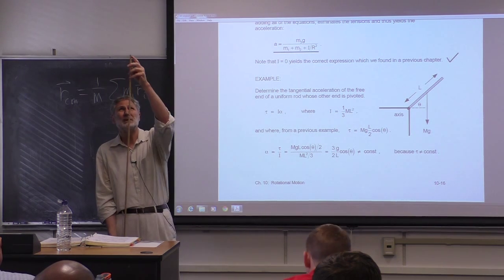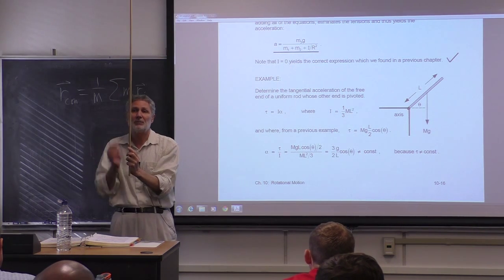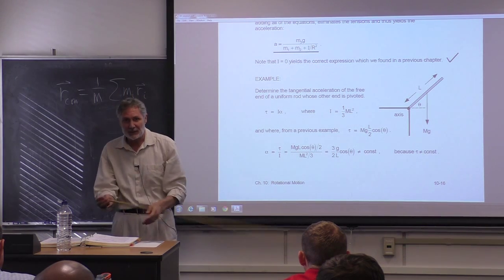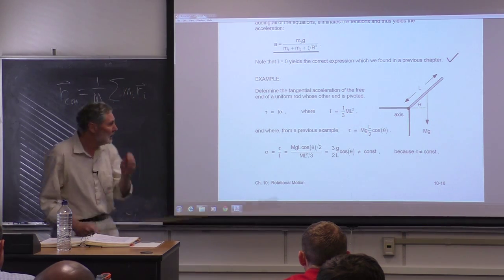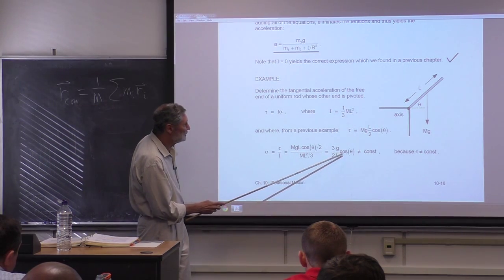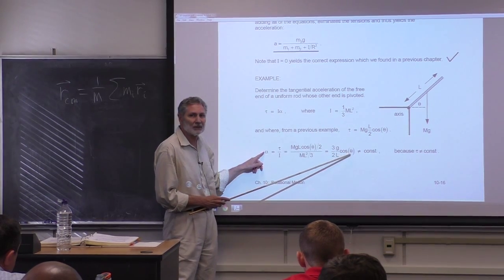So I want to imagine releasing it with just the slightest angle. If I put in this very small angle this way and release it, what's it going to do? Well, it's going to spend a lot of time up there, but eventually it's going to be clear that it's angularly accelerating, right? So we can check that. When theta is equal to 90, what's the cosine of 90 degrees? 0. And so we get no angular acceleration.